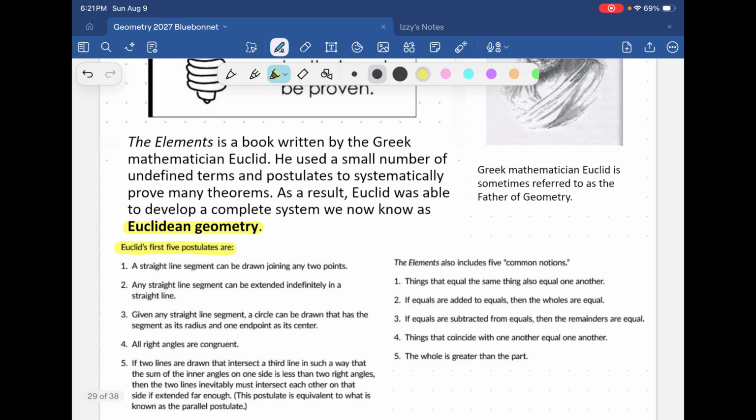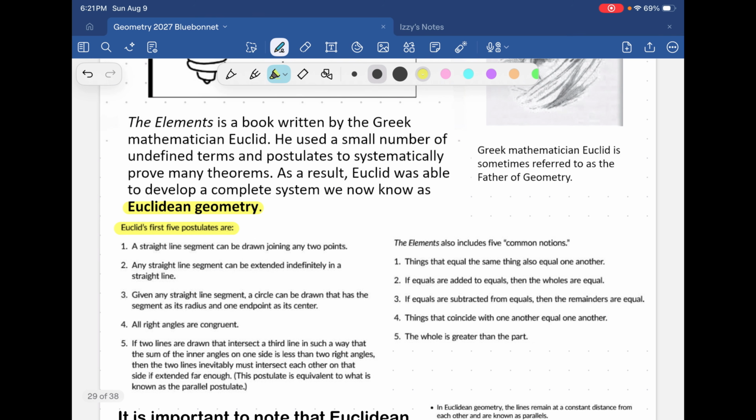Euclid's first 5 postulates are: a straight line can be drawn joining any 2 points. Any straight line segment can be extended infinitely in a straight line. Given any straight line segment, a circle can be drawn that has the segment as its radius and one endpoint as its center.